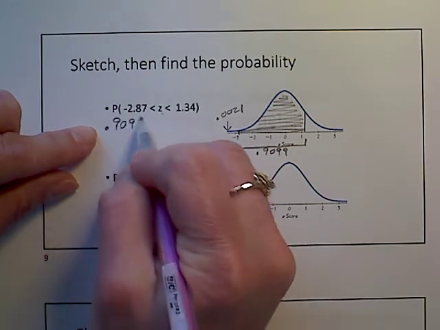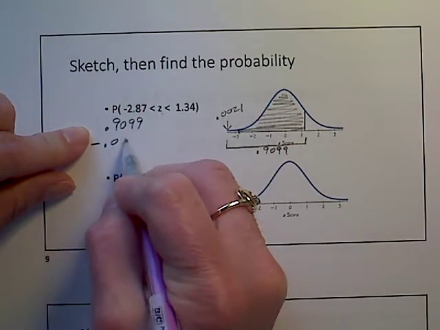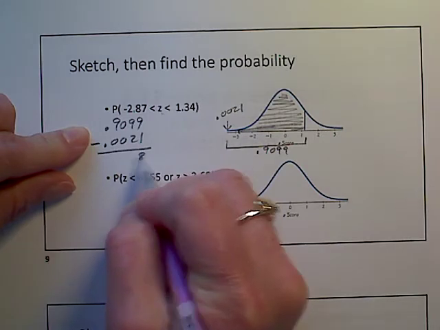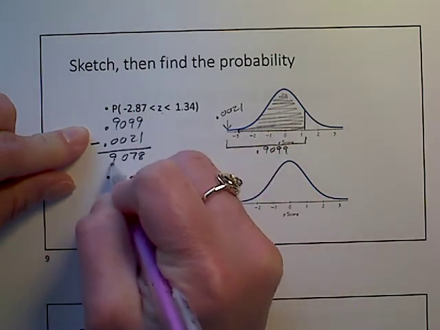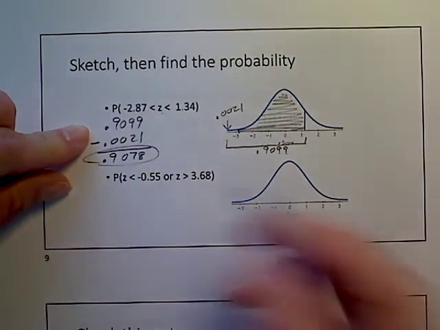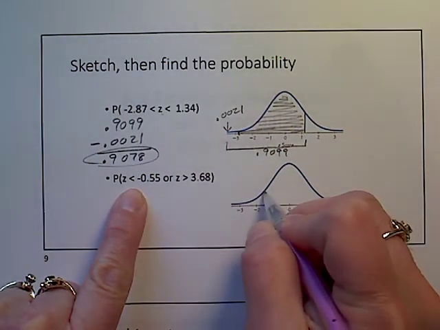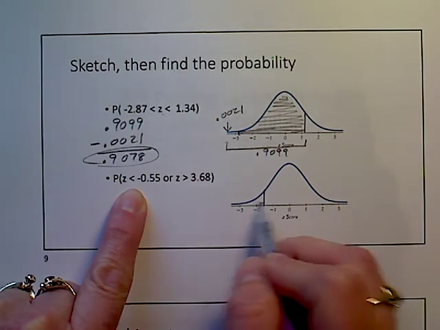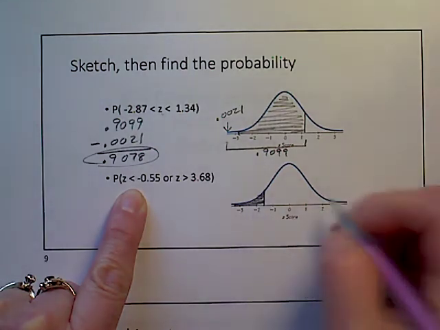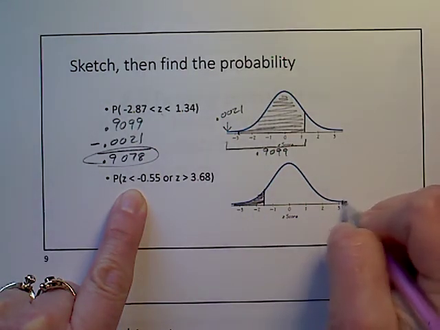So I have 0.9099 minus 0.0021. Oh, that was nice. Let's just do that. Yay!